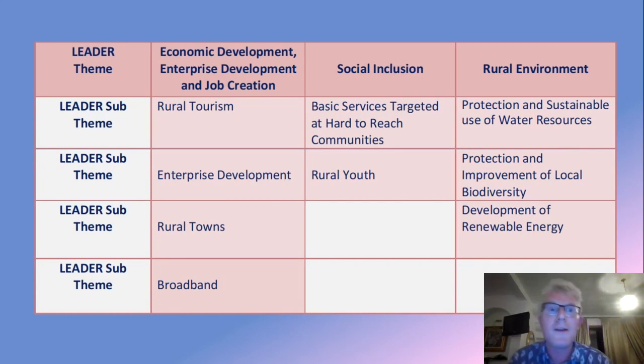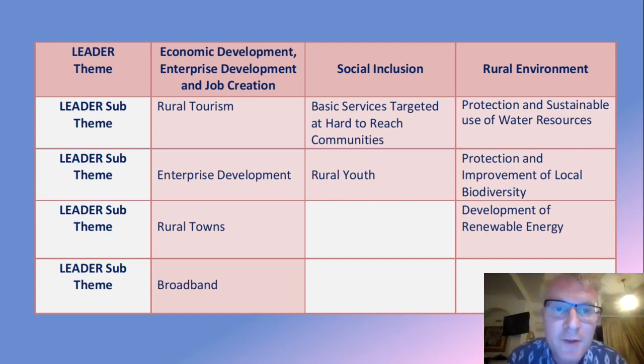And here in Ireland, LAGs or LEADER groups in the 2014 to 2020 operating period covered 3 key areas, and these key areas were devised very much by the European Commission. One of them was economic development, enterprise development and job creation.